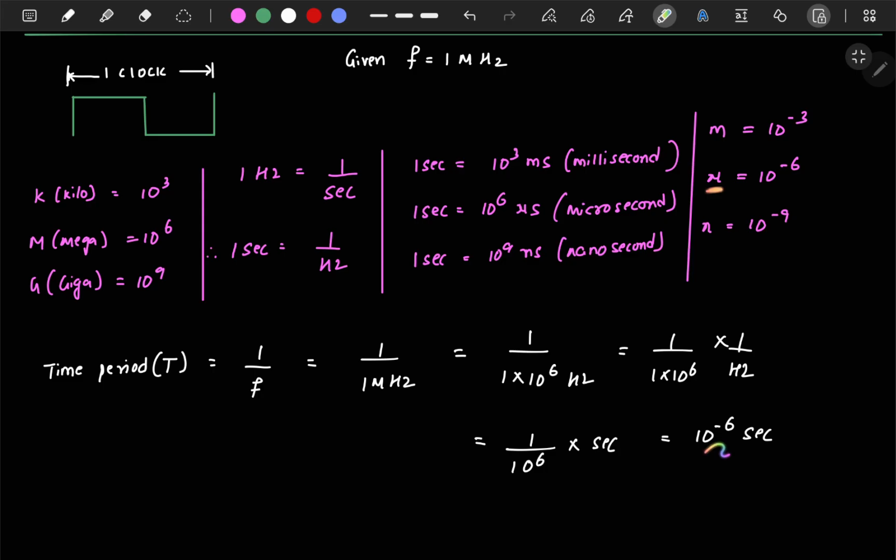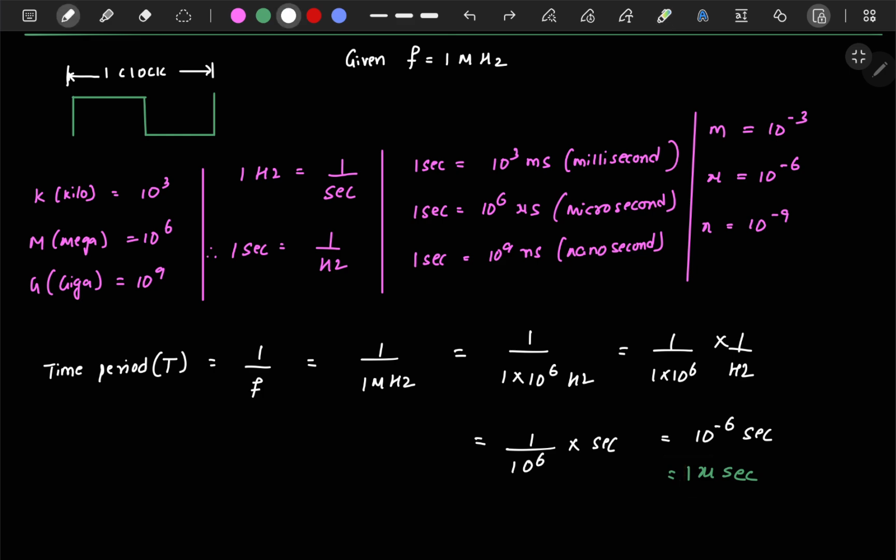It denotes u. So can I directly write u here? Right? I can write it. So if I write it, then it will become u. Instead of 10 raised to minus 6, I will directly write u, and this becomes microsecond. It is equivalent to 1 microsecond. Right? So this is what we got: 1 microsecond.